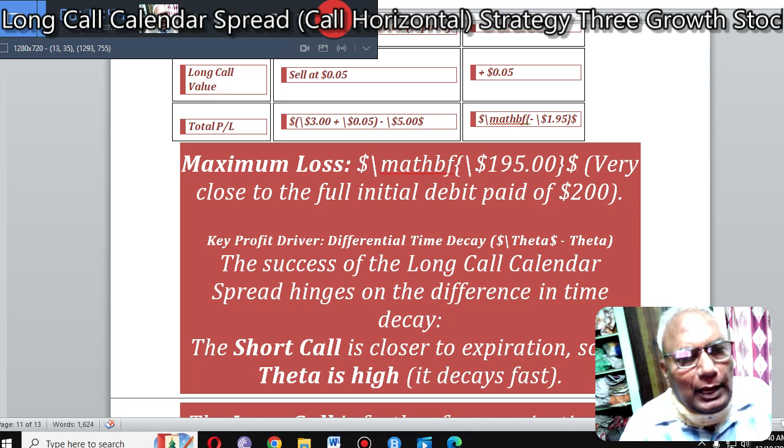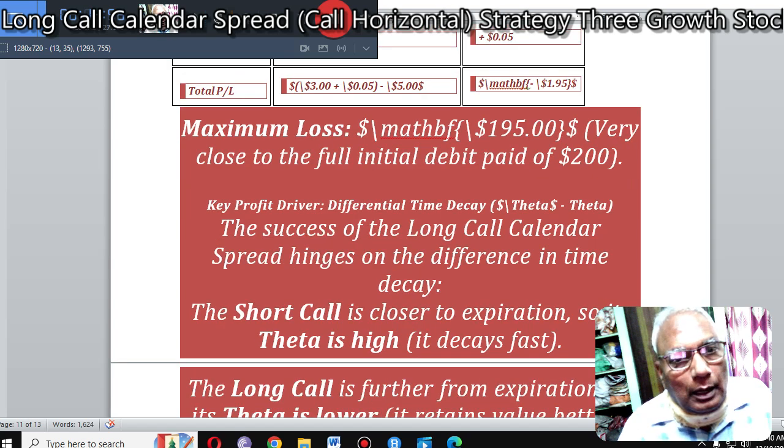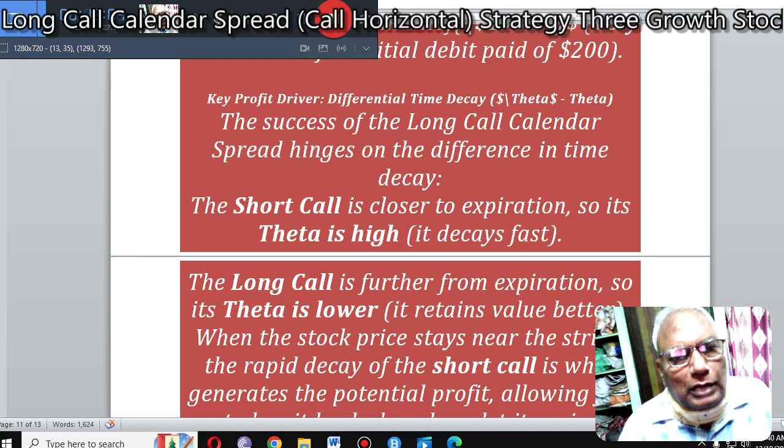Key profit driver, the differential in time decay, theta. The success of the long call calendar spread hinges on the difference in time decay. The short call is closer to expiration, so its theta is high and it decays fast.